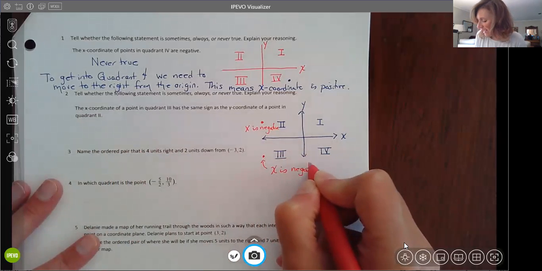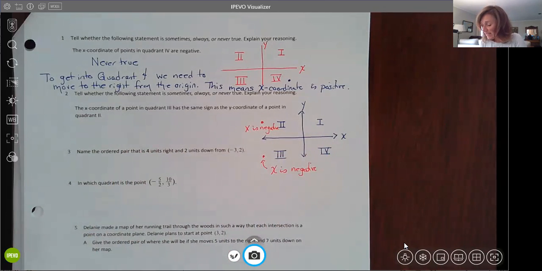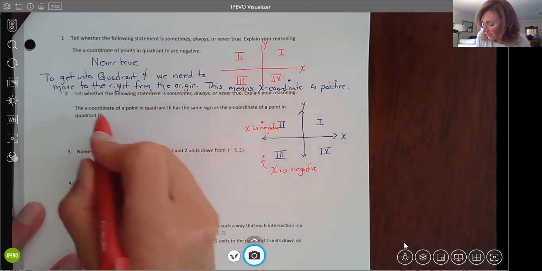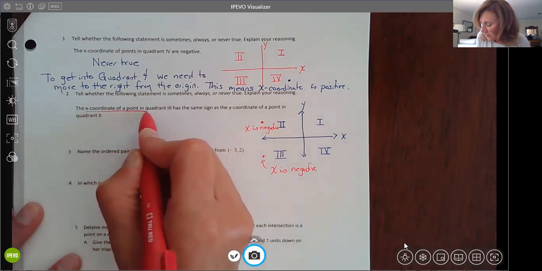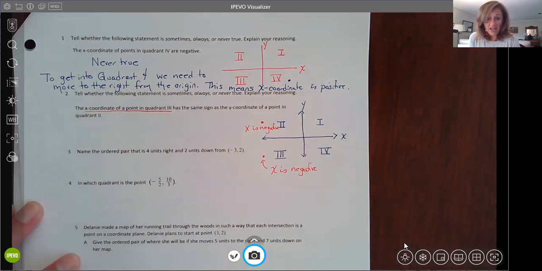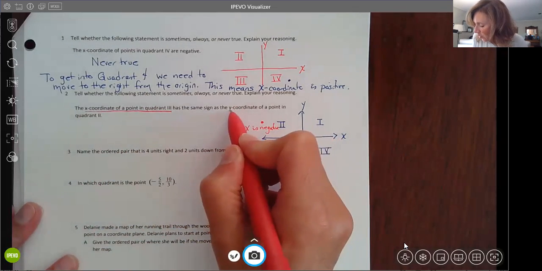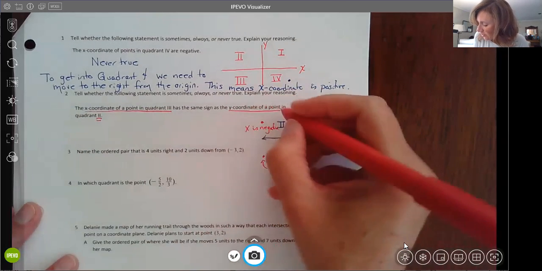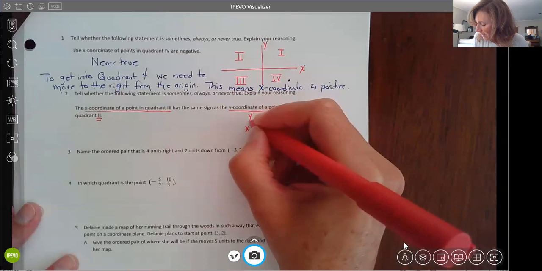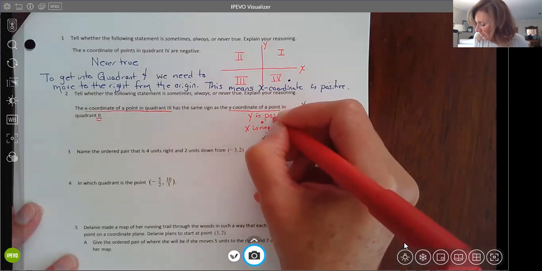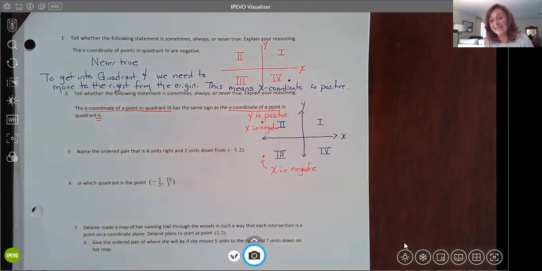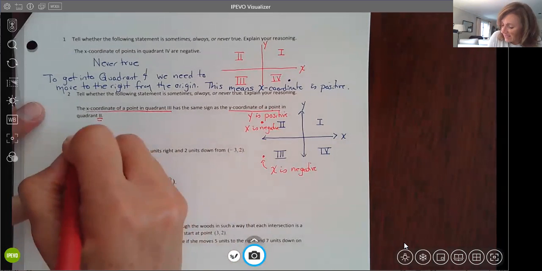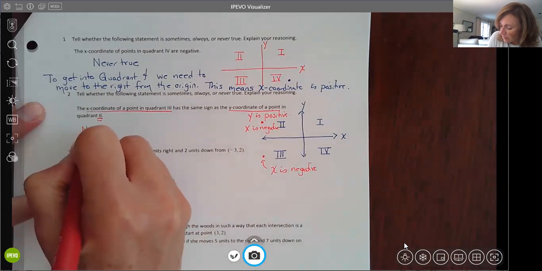Okay, so in either case, if I'm in quadrant 3, the x has a negative value. But the y coordinate in quadrant 2, so if I'm up here in quadrant 2, the y is positive, right? Because I have to go up to get into quadrant 2. So in quadrant 3, the x is negative, so this is never true.